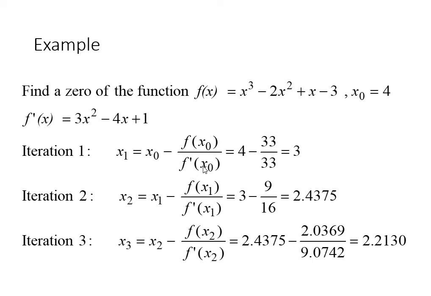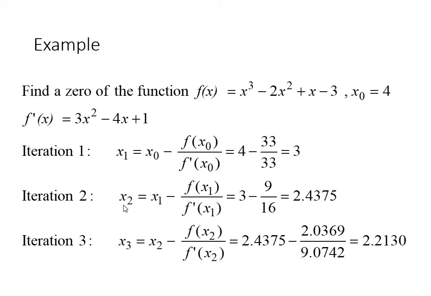And then the first derivative evaluated at x naught. So substitute this one, 4, which will give you 33 as well. So 4 minus 1, this is equal to 3.